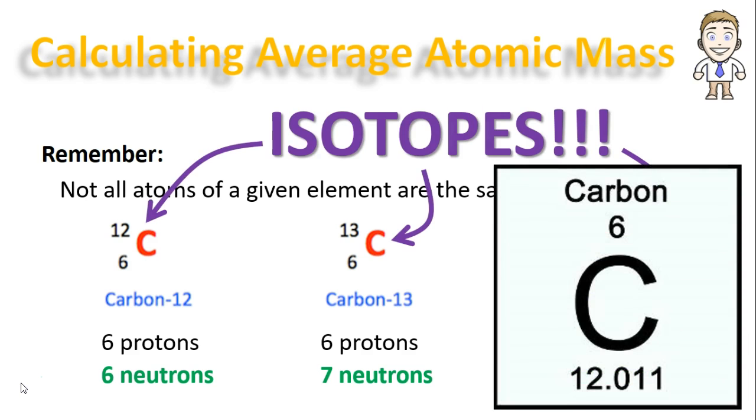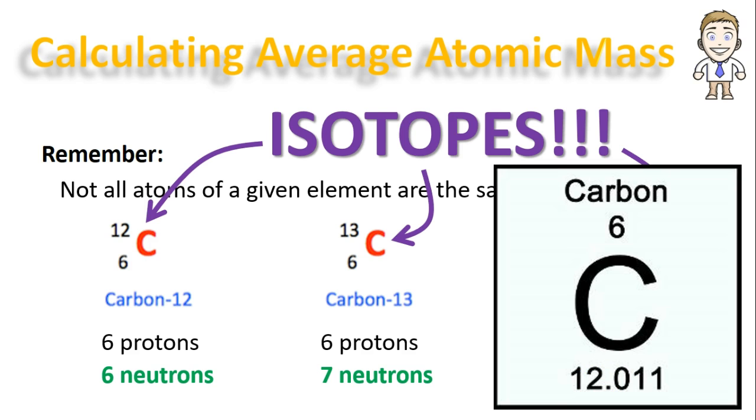Now when you look at carbon on the periodic table, you'll see two numbers. One of them is 6. That's of course the atomic number. It's a nice whole number 6 because carbon is always 6. That never changes. The confusing part on the periodic table is that the mass is given as a decimal, 12.011. Now it's not possible to have 0.011 of a proton or of a neutron, so sometimes it's confusing where this decimal comes from.